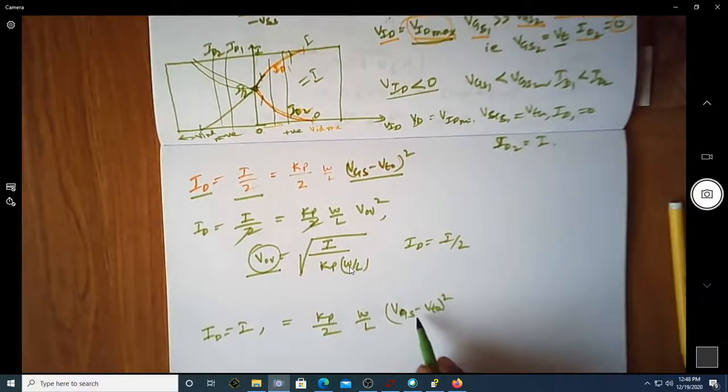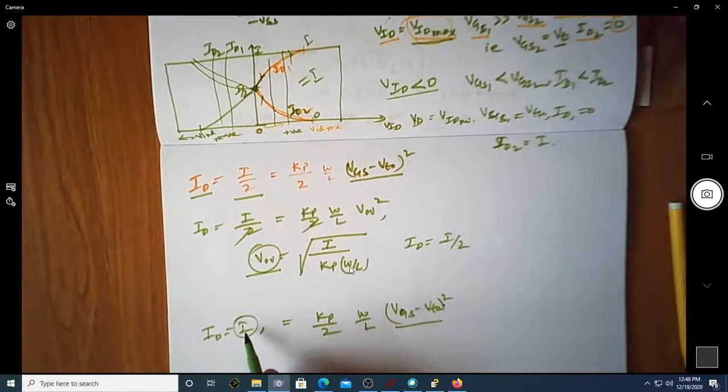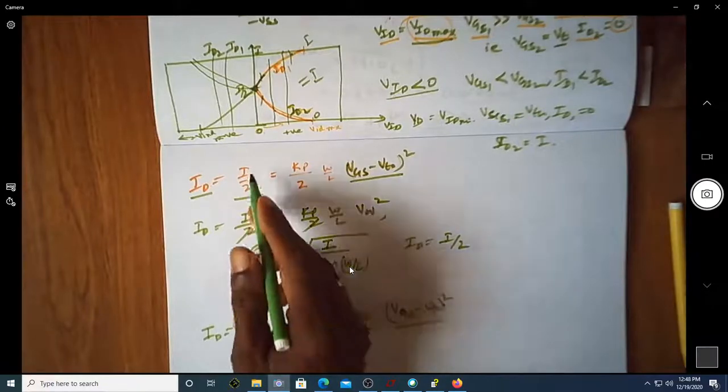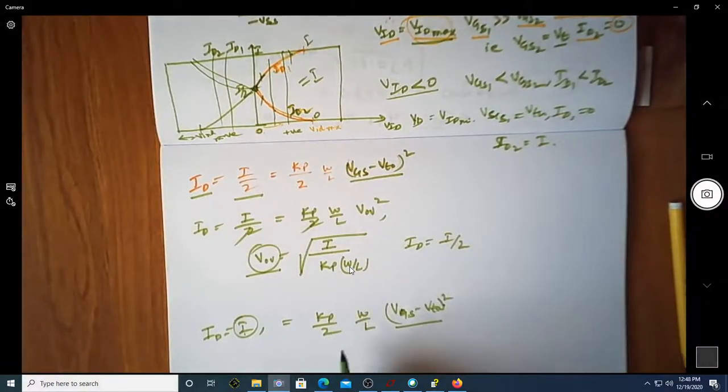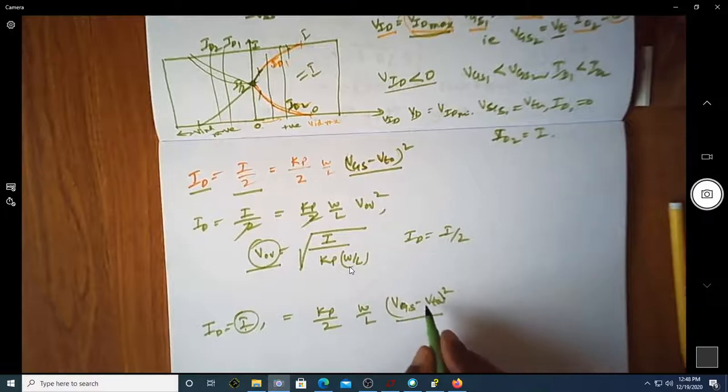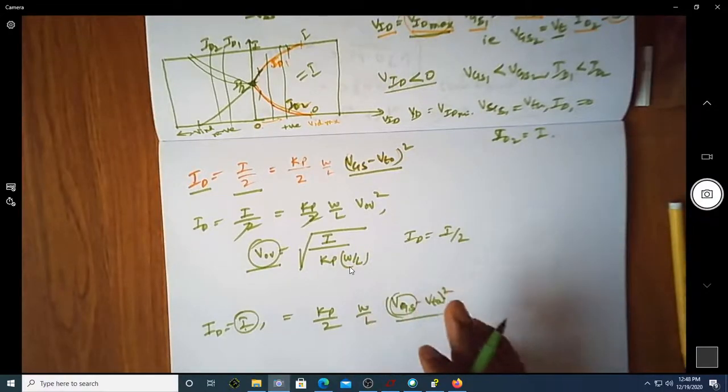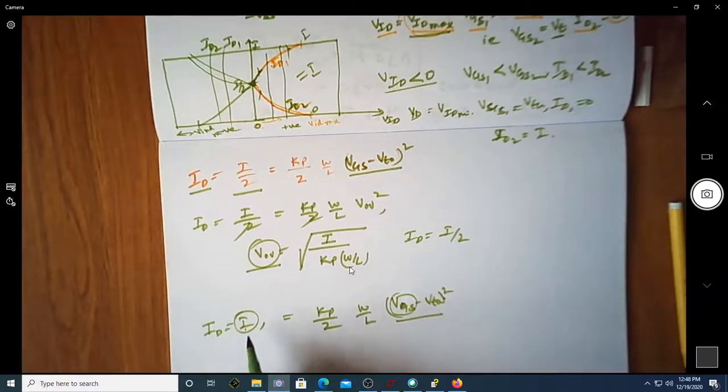Now the current flowing through that transistor is I instead of I by 2. So I will try to find out the value of VGS that will make the current flowing through that transistor equal to I.